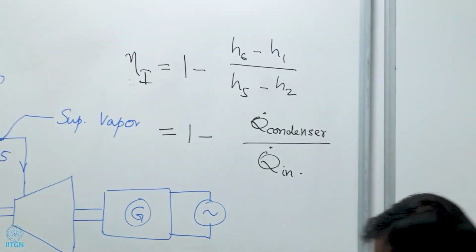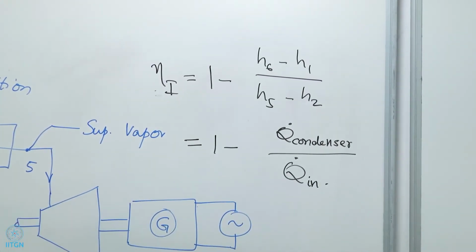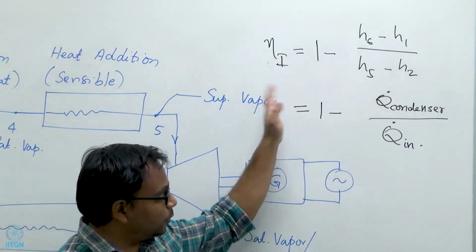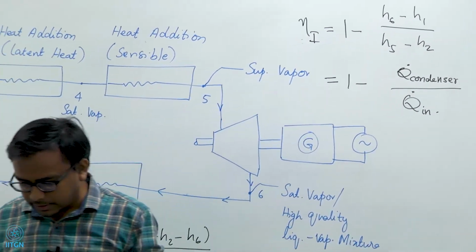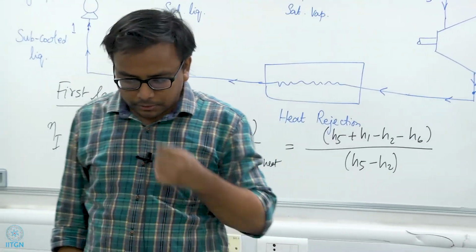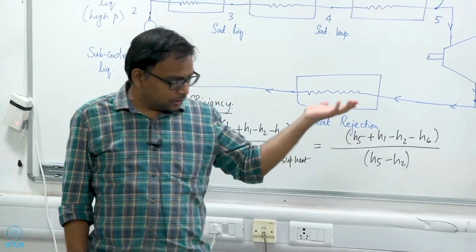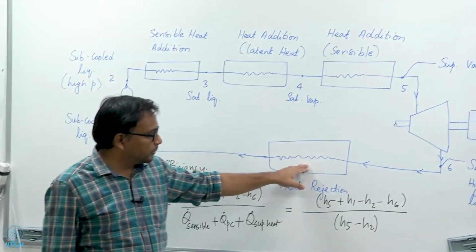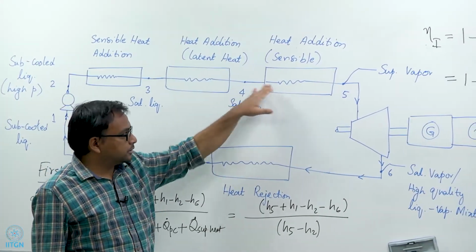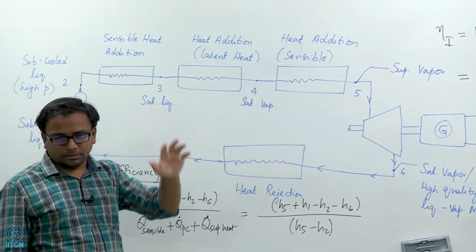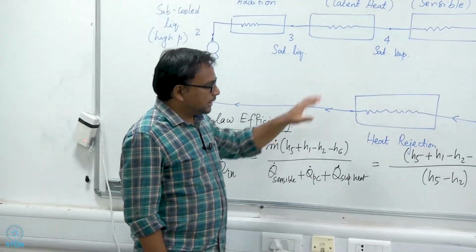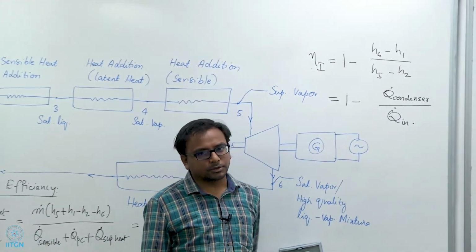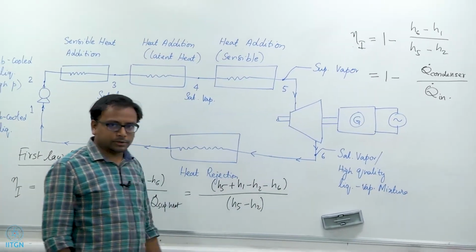All right. So, just a few facts. This efficiency, if you calculate for a Rankine cycle or for a power plant which is operating, let us say, between pressures of about 40 kilopascal of condenser pressure and about 20 megapascal, then this efficiency comes out somewhere between 30 and 40%, okay, which is very small actually.